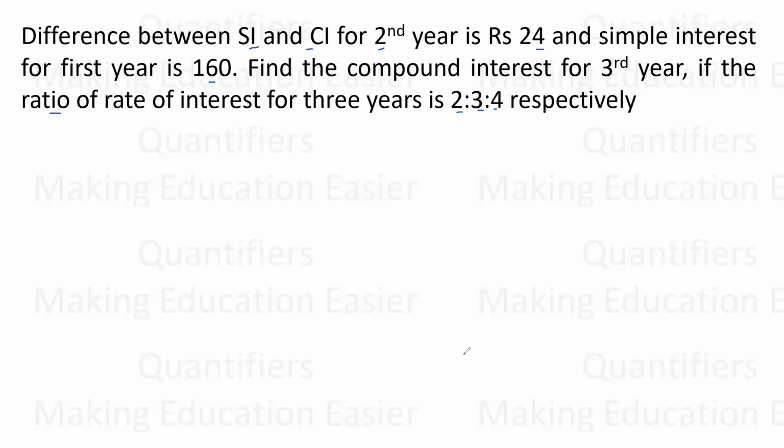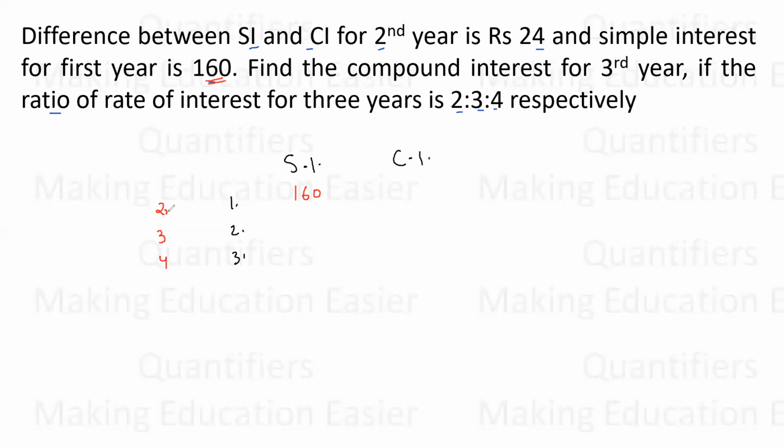Okay, now let us solve it. So we are talking about simple interest, compound interest, and for 3 years. So let's say first year, second year, and third year. Now see, we know the simple interest for the first year. So if simple interest for the first year is 160, and you can see the ratio of rate of interest is 2:3:4. मतलब अगर यहाँ पर rate 2 है, then here the rate will be 3 and here the rate will be 4.